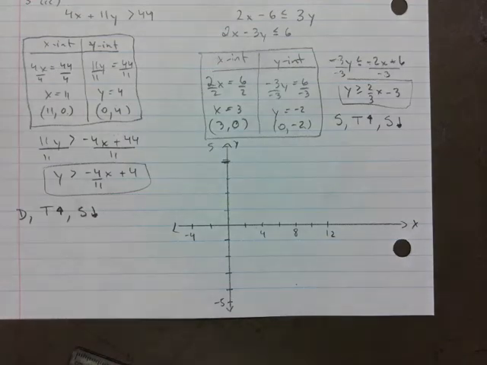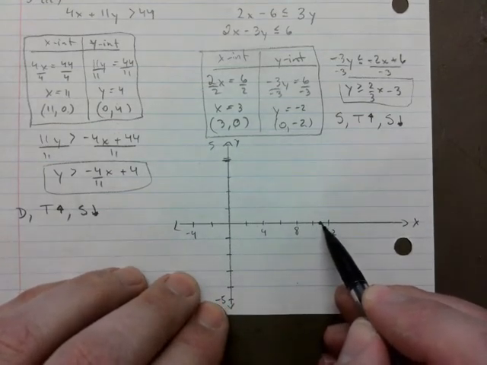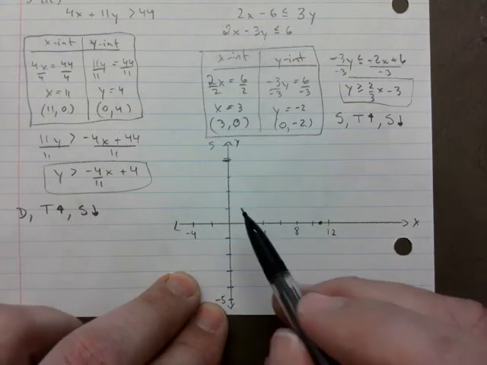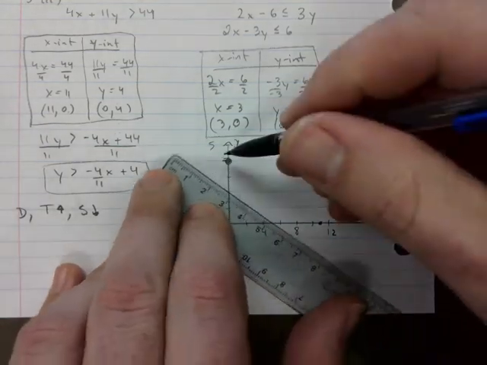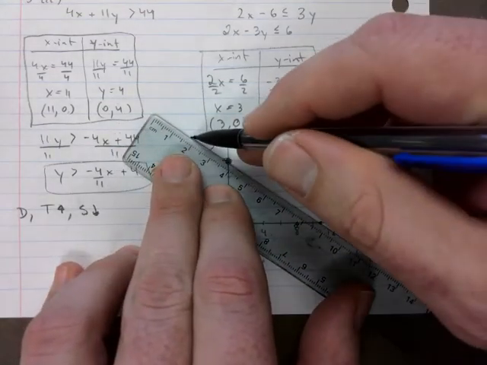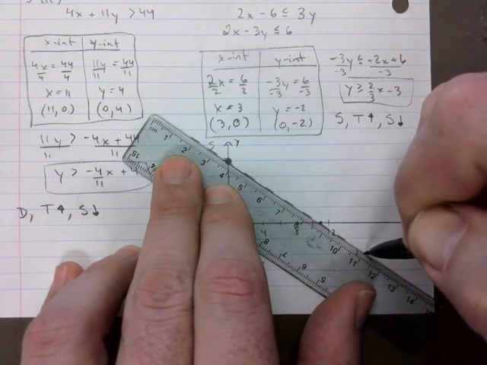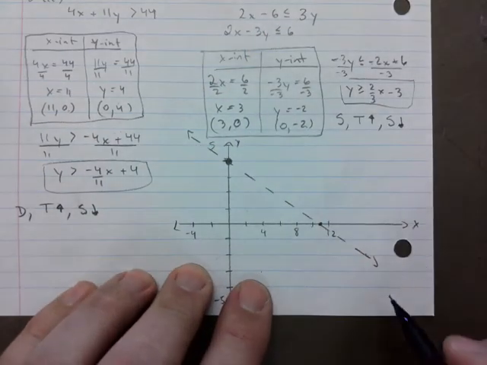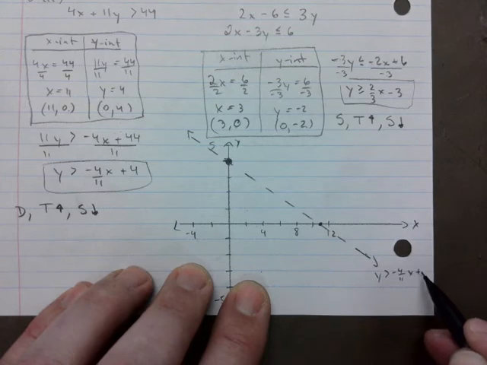And then I'm just figuring out my scale here. So this will be 11, 0, because this is 10, right? 11 is there. And 0, 4 is right there. And that's a dashed line, just like that. And this is y is greater than negative 4/11 x plus 4.